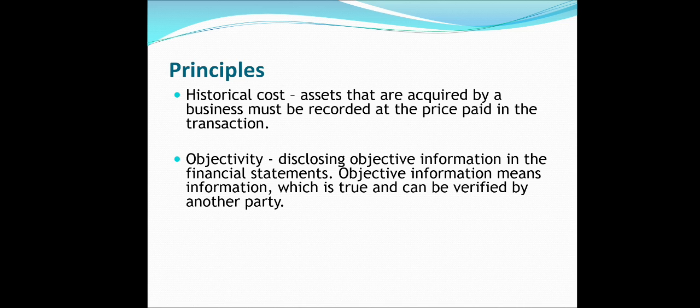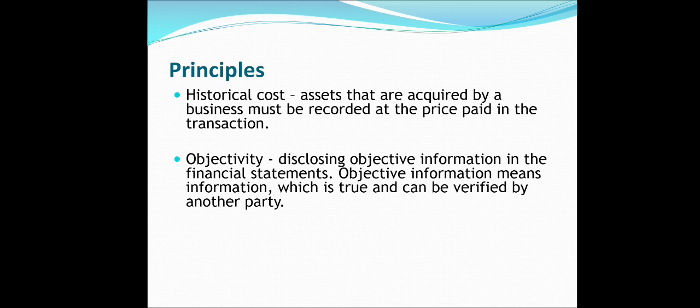Why? Because when you purchase the building, there is a document showing that the value of the building is 300,000. So you have to record using that value, even though the current market value of the asset has increased or decreased.